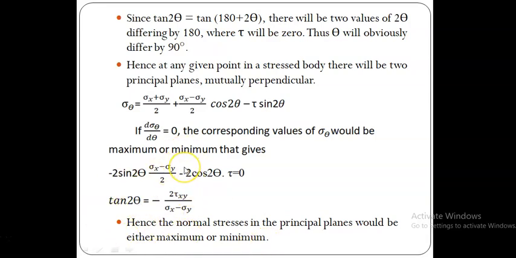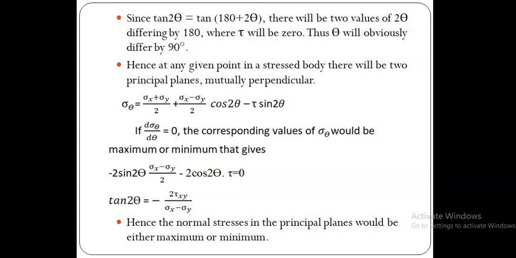So here it can be proved. Since there will be extreme stresses, there will be two extreme normal stresses for the given plane. Among the infinite oblique planes, there are two particular planes which are having extreme stresses.